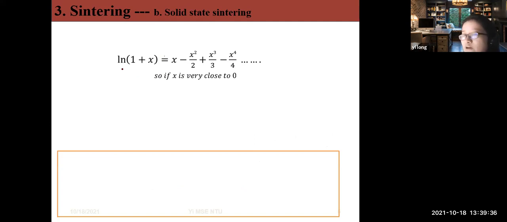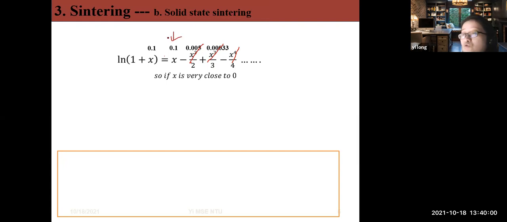For example, I've already shown you: if x is 0.1, the first term is 0.1, but the second term will be 0.005, and the third even smaller, 0.0033. You can see all these higher order terms become smaller and smaller compared with the first one.